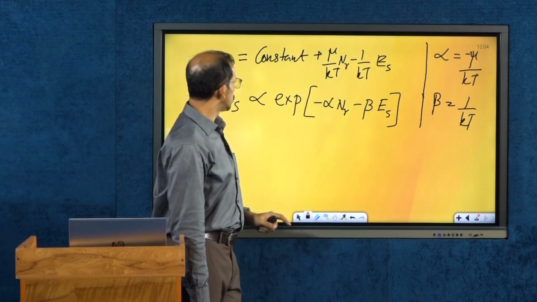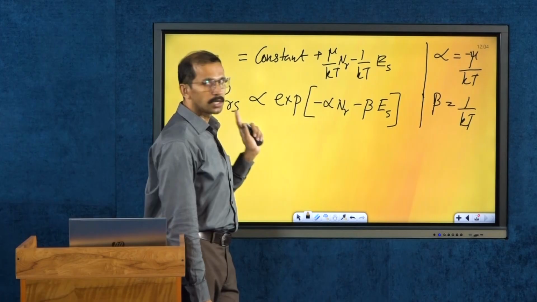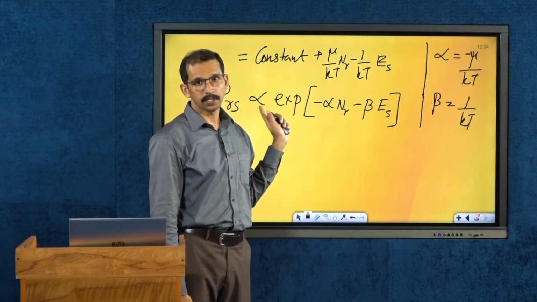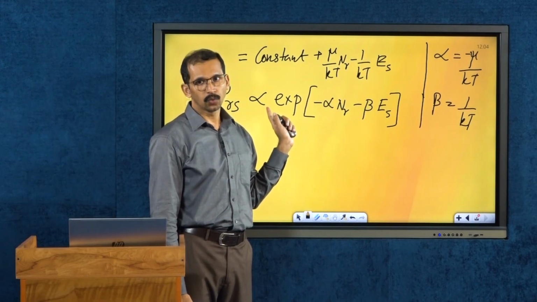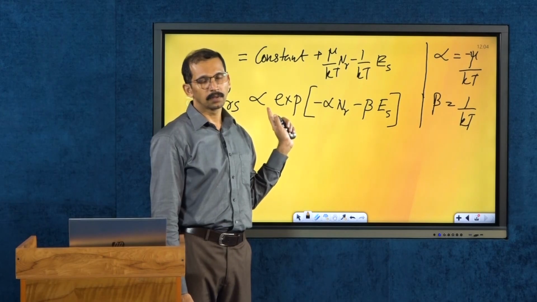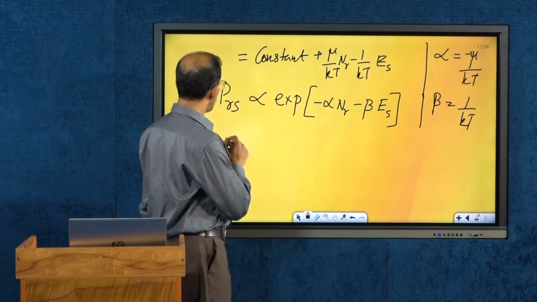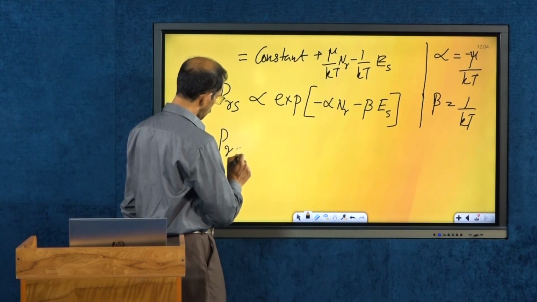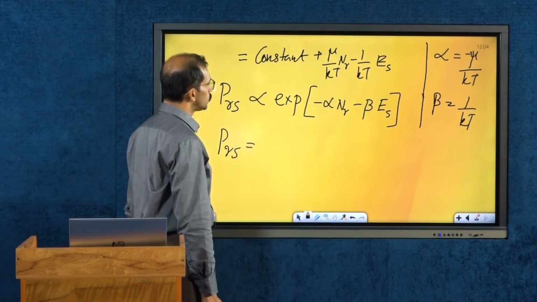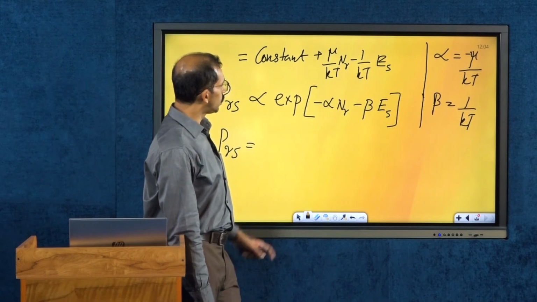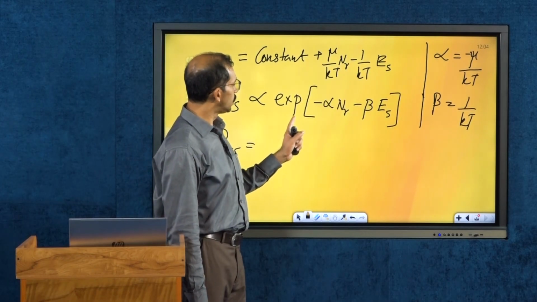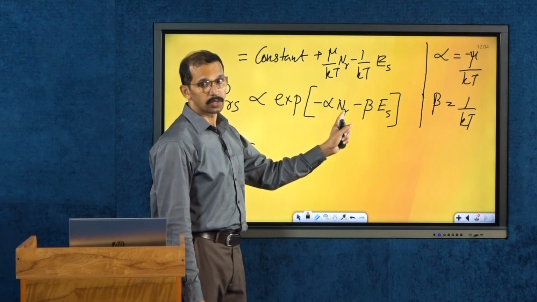Now, we have this equation, but it has a proportionality, and therefore, we need to normalize this equation. So, I can write PRS is equal to, as a normalization, I will make a summation on this one, right.